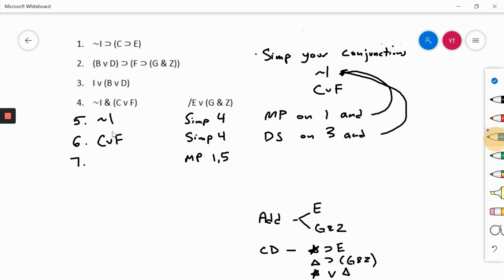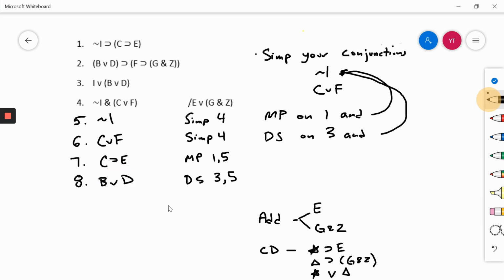And when we do that, we'll be deriving the consequent of the conditional at line 1. And we had also thought that we could use DS on line 3 and the line containing not I. DS on line 3 allows us to derive the remaining disjunct.